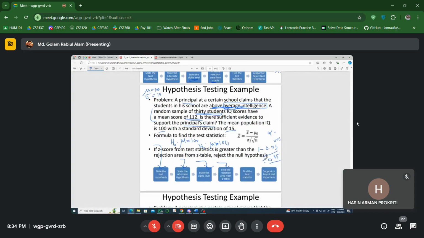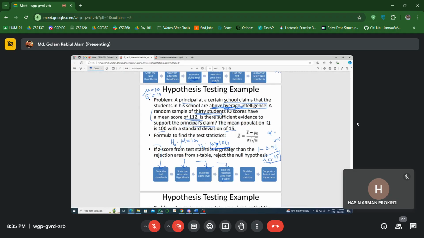Using this value, we have to find the Z score, or the standardization value, from our Z table. This time we need to decide whether to use a two-tail test or one-tail test, and we can see it is greater than, so that means it is a one-tail test. Is this on the left side or right side?